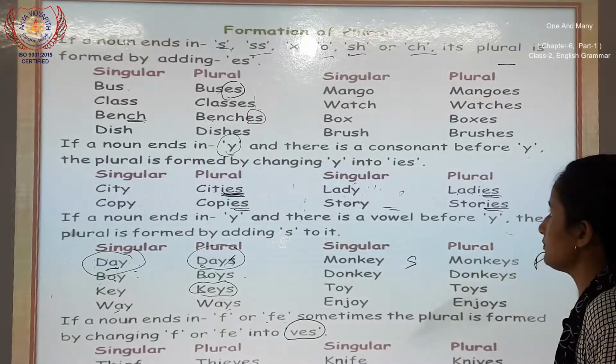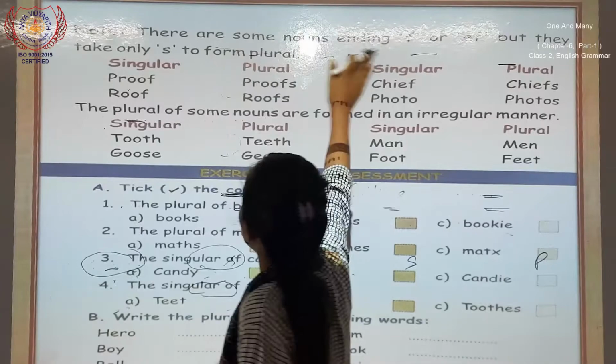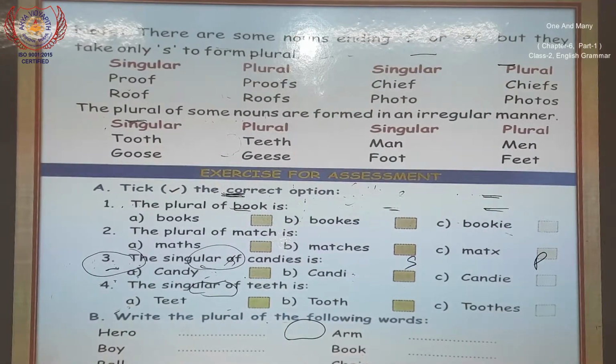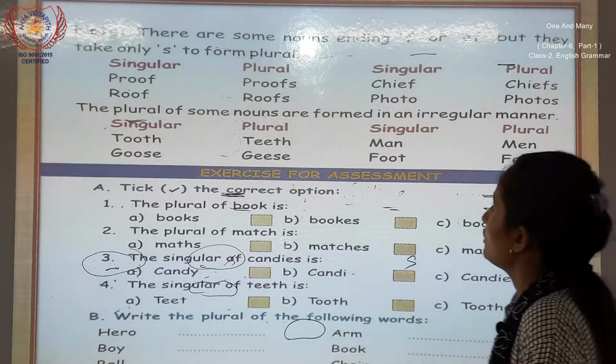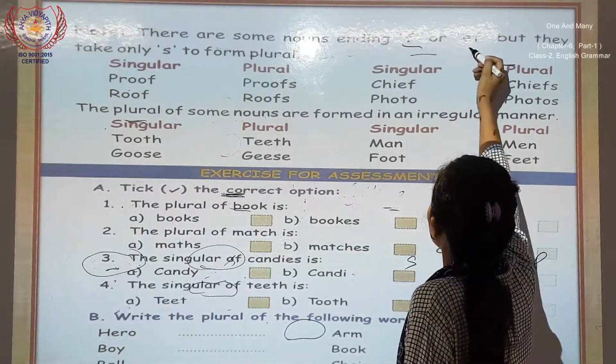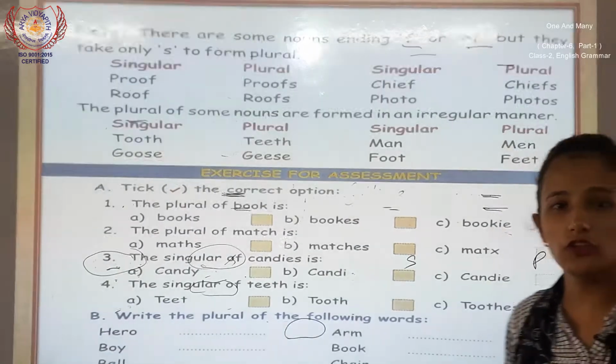Okay, in next page you can see there, note there are some nouns ending with f or ef, but they are taken only s to form plural. Whenever words end with f or ef, हम लोग को क्या यूज करना होगा, we have to use s.